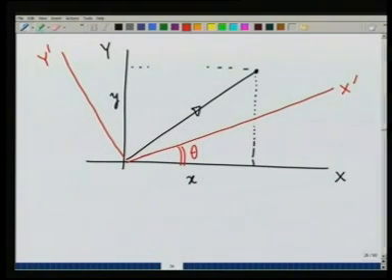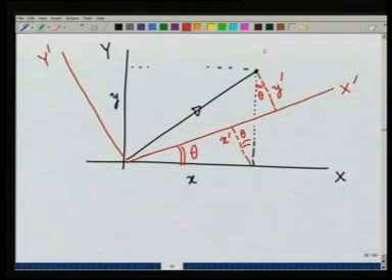The component x prime is going to be given here. This is going to be x prime and this is going to be y prime. You can also see that this angle is also theta. So, now we want to find, let me also draw a perpendicular from here to here, this angle is also theta.